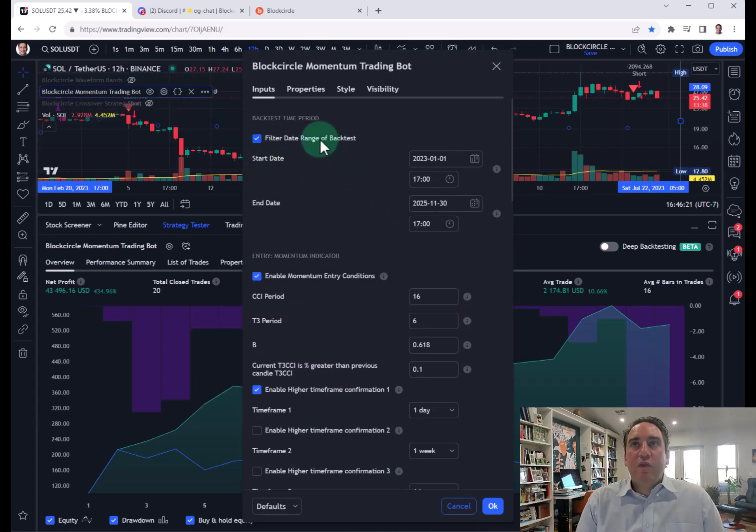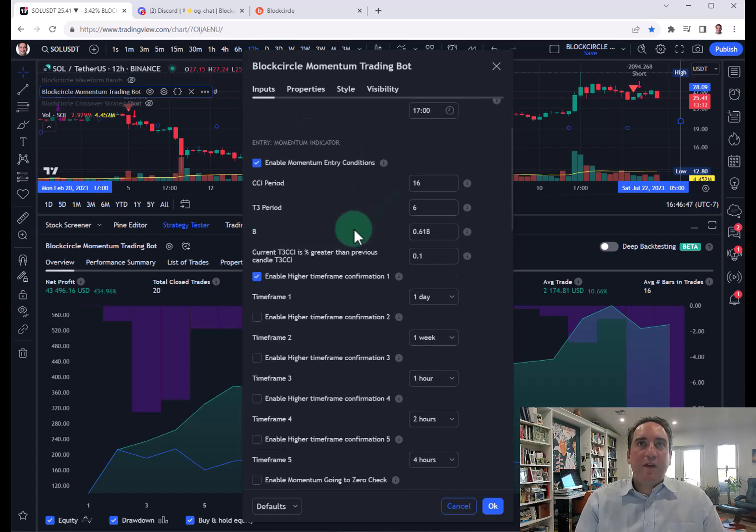And there's really 3 main components that go into the momentum trading bot. There is the backtesting time period, which applies to every trading strategy. In other words, how far back do you want to backtest this particular iteration of this trading configuration that you've set, right? So right now we're running it from January of 2023 until today.